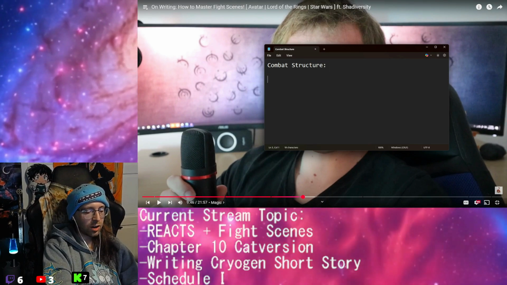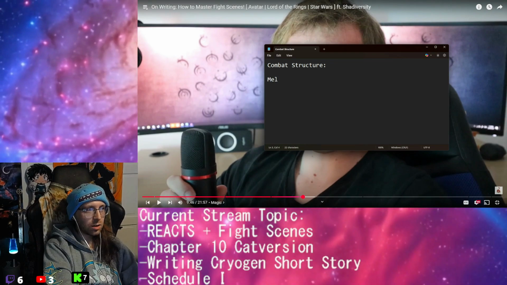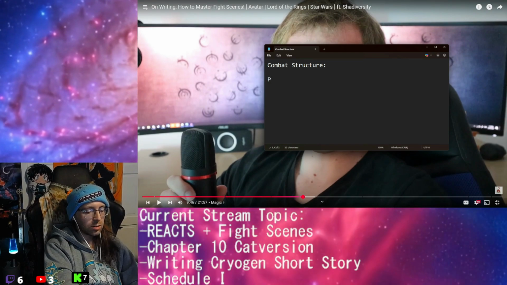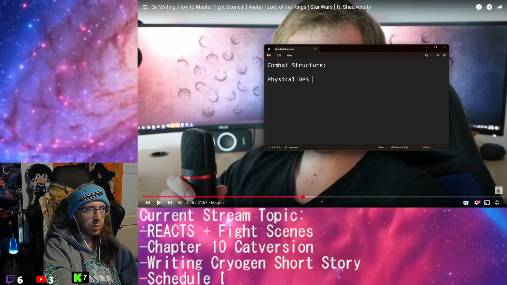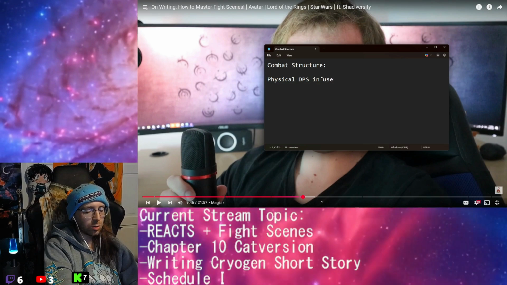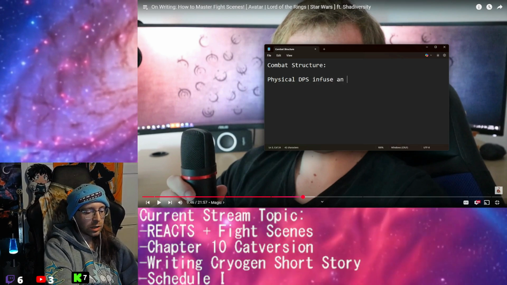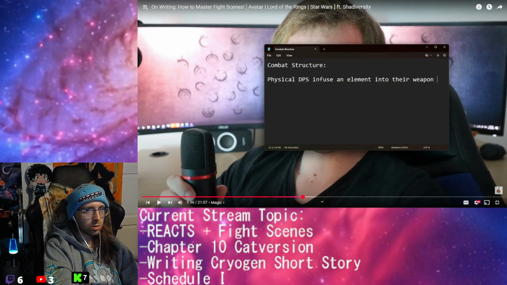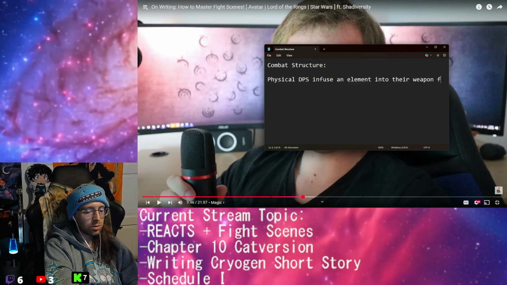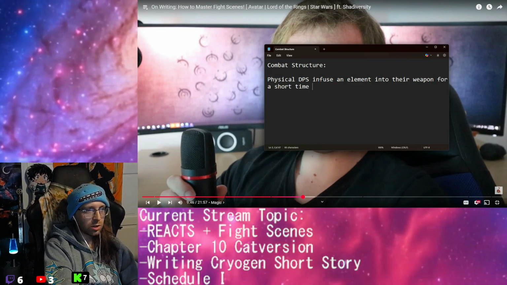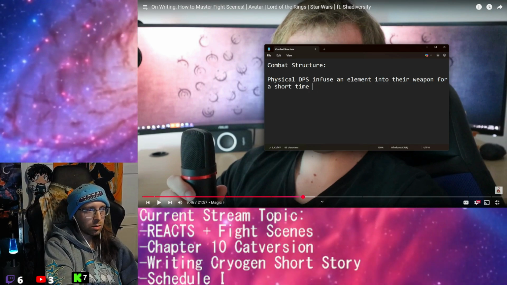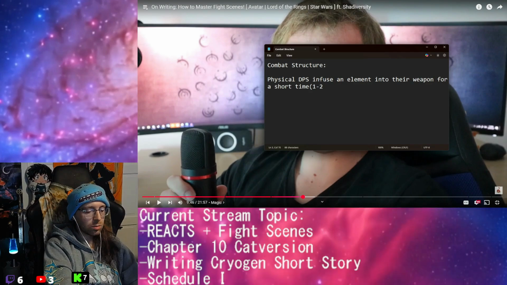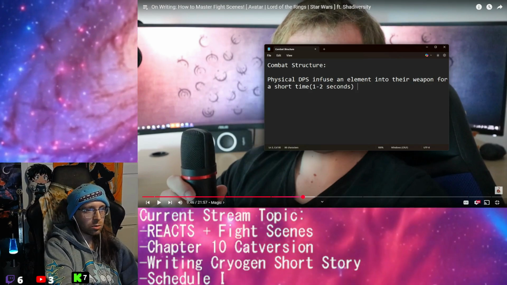And we've got physical DPS infuse an element into their weapon. Short time, 1 to 2 seconds.